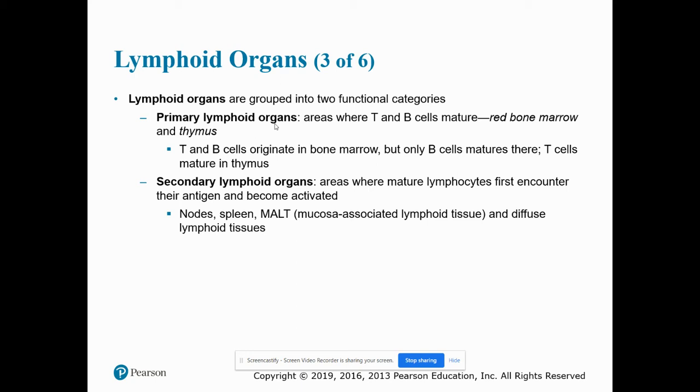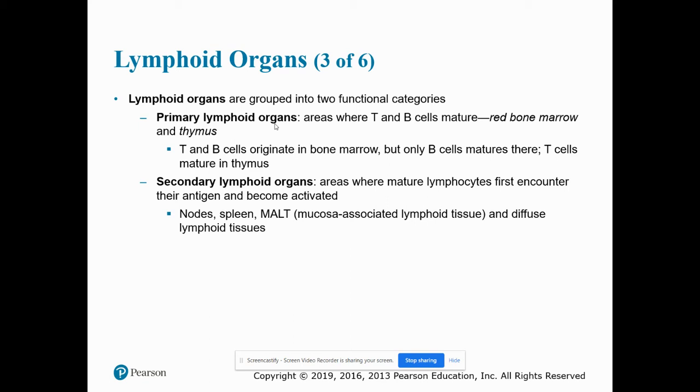Then lymphoid organs are grouped into two functional categories. We have primary lymphoid organs and secondary lymphoid organs. The primary lymphoid organs are where T cells and B cells mature. So for T cells, this is going to be the thymus. And for B cells, this is going to be the red bone marrow.